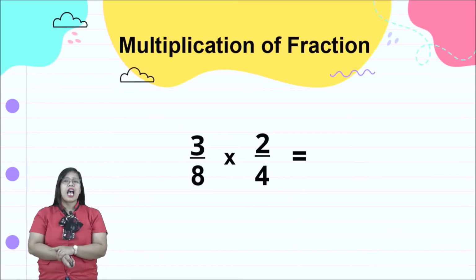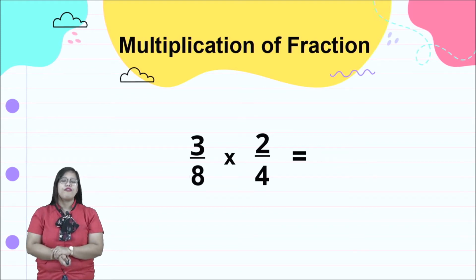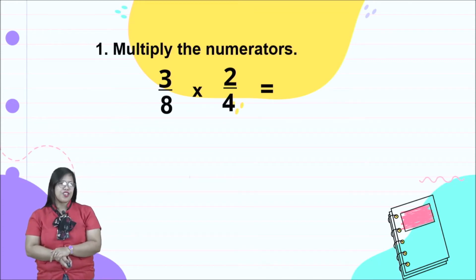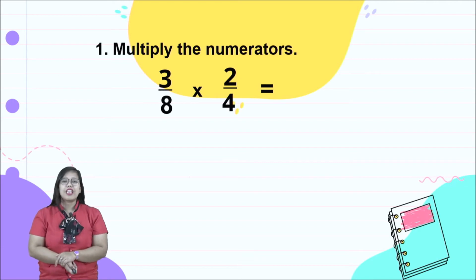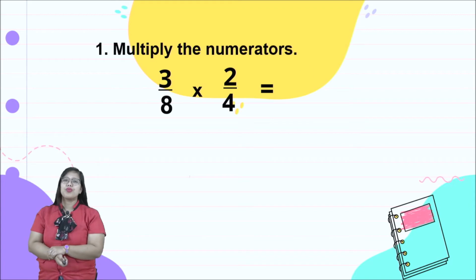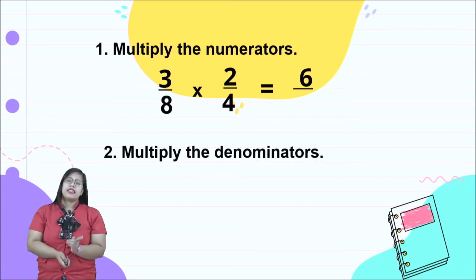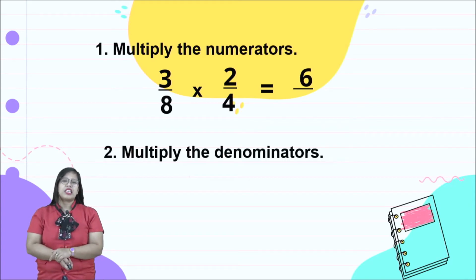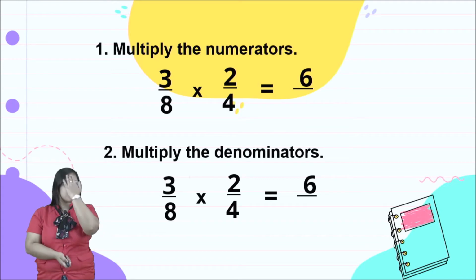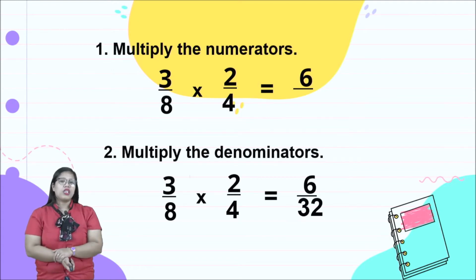Let's have the next example, 3 over 8 times 2 over 4. Again, our first step is to multiply the numerators, which for this given are 3 and 2. So 3 times 2 is 6. The next step is to multiply the denominators, which are 8 and 4. 8 times 4 is 32.